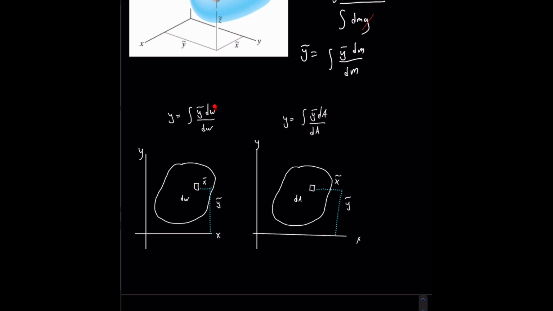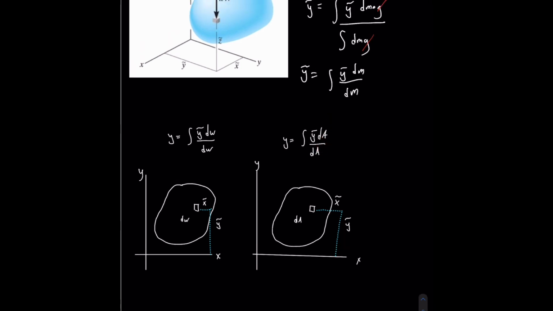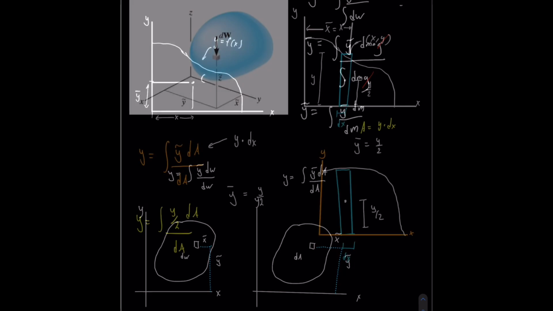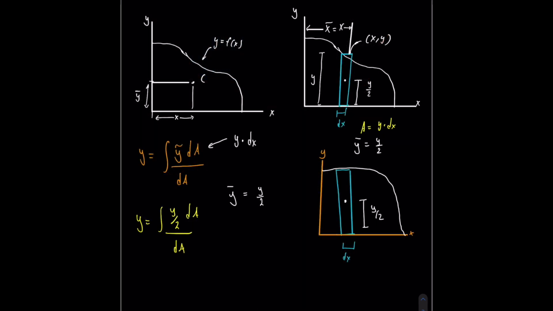This is an infinitesimally small dm. This is an infinitesimally small dA. I'm talking about this because I'm going to use the area to solve problems later, or to solve my example. Centroid of an area, centroid of mass, centroid of gravity. It doesn't matter, it all acts along the same geometrical center of the body.